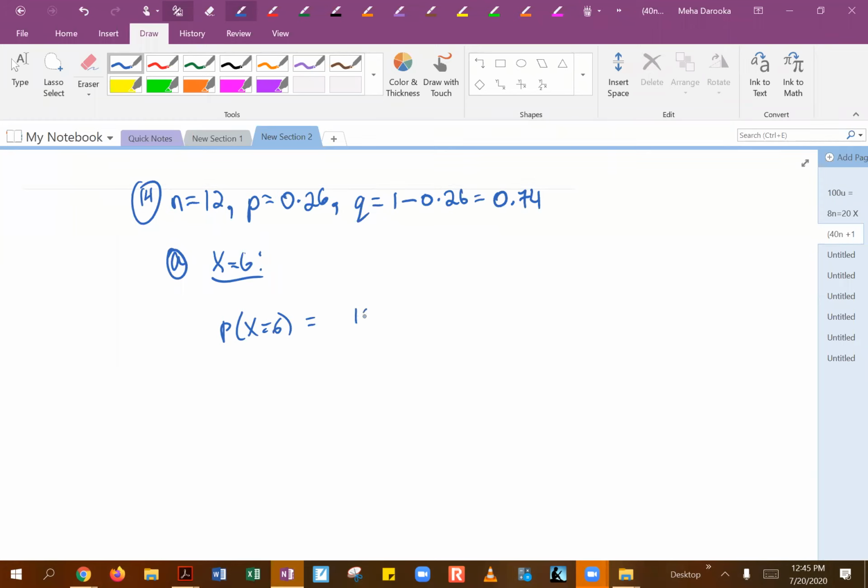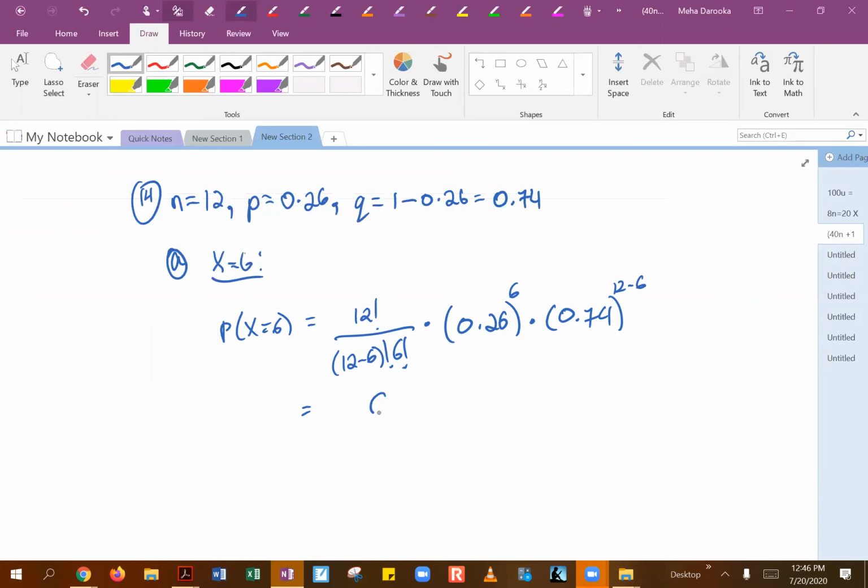So that's going to be 12 factorial on the top, 12 minus 6 factorial, 6 factorial on the bottom, and then multiplied by probability of 0.26 raised to the x value of 6, and q, which is 0.74 raised to the value of n minus x, so that's 12 minus 6.